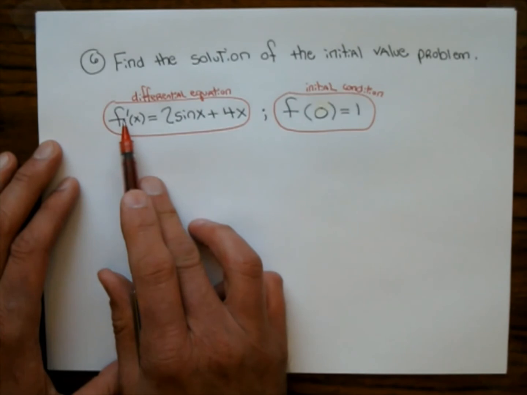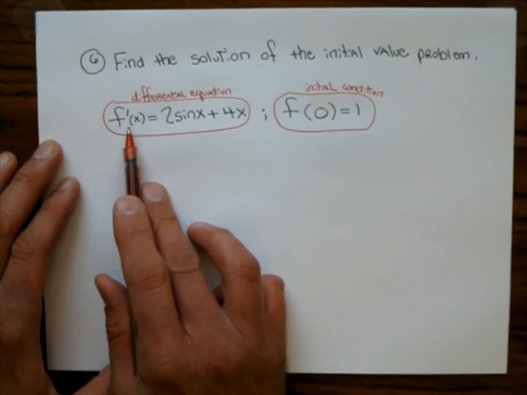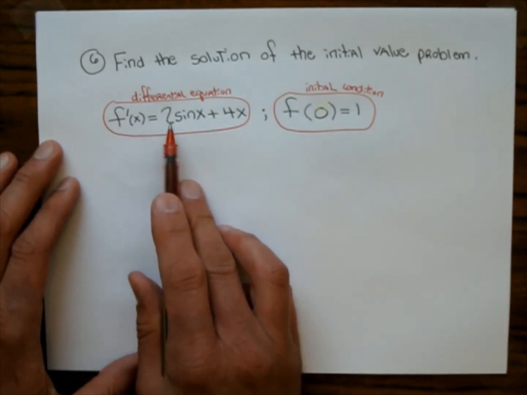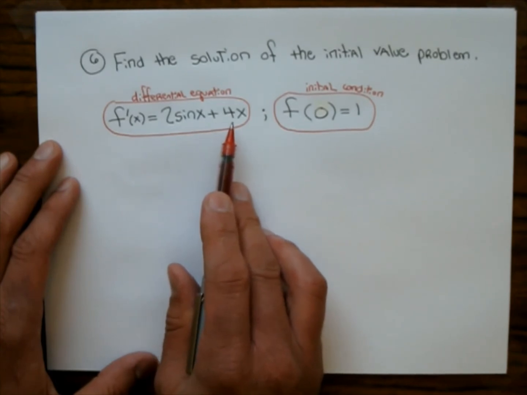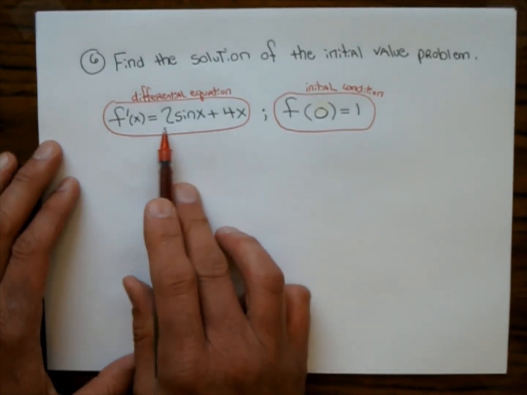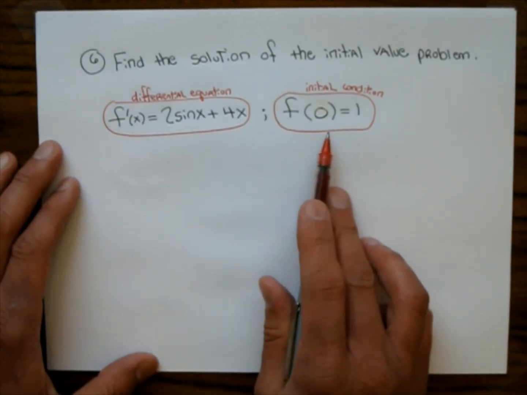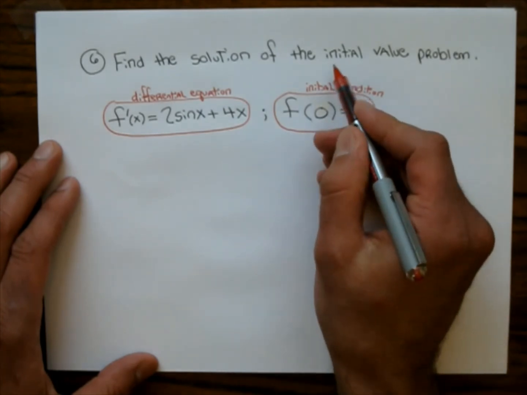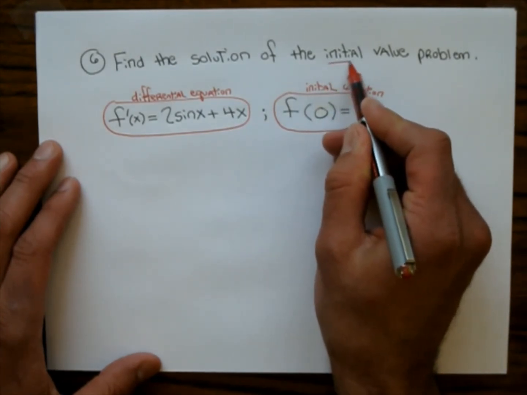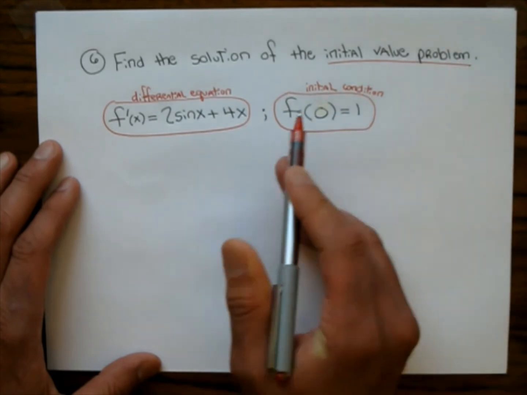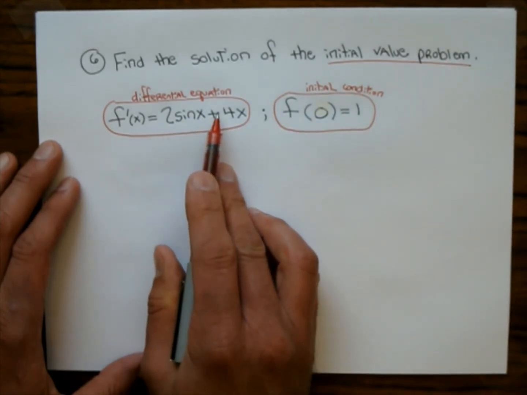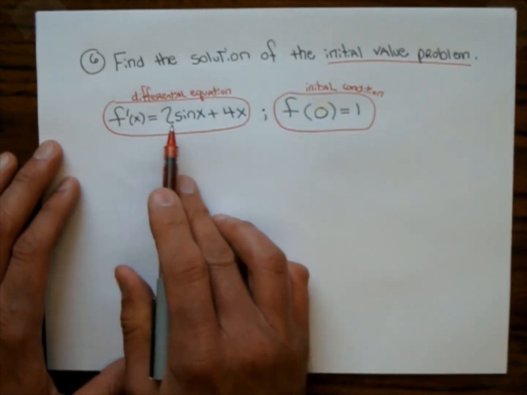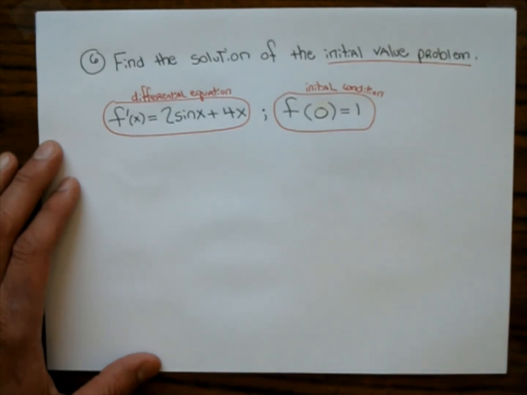This is a simple one where there's an f prime, sometimes they call this y prime, equals 2 sine x plus 4x, and we are trying to find its antiderivative and solve this. So when they ask you to find the solution of an initial value problem, that's a problem that has a differential equation, or this, f prime equals this, and an initial condition.